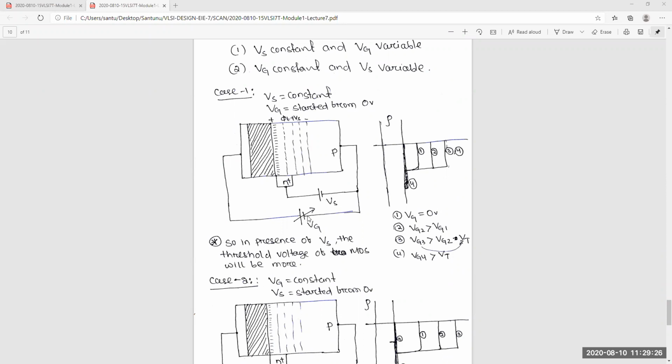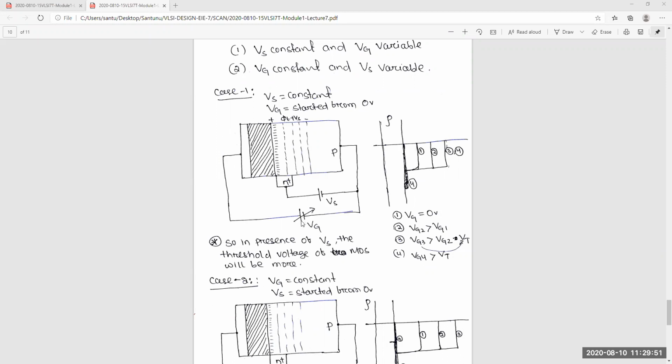Suppose we start Vg from 0. Think about the condition at 1: there is some depletion region and some negative charges, but at that time there is no inversion charge, only depletion regions. Okay, this is the one case. So Vs was constant, and now we are changing Vg from 0.